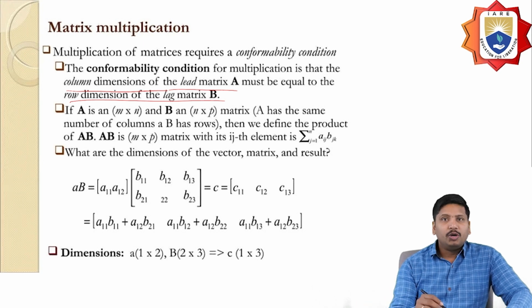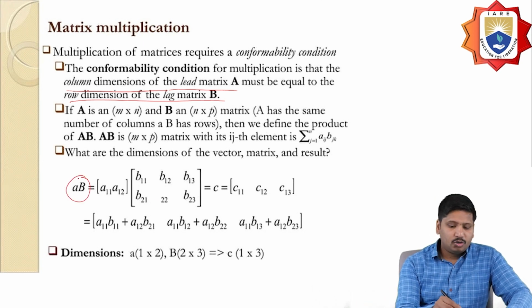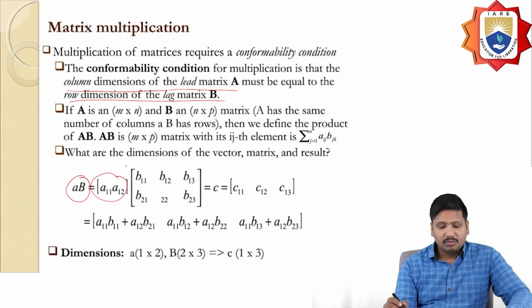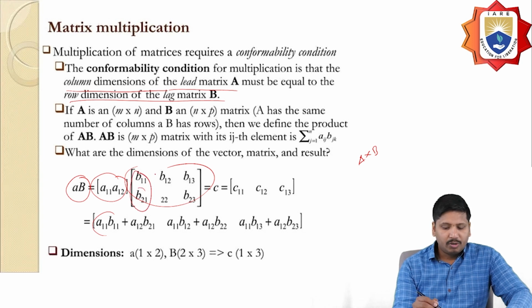Here we have an example, A into B. A has a set of values and B is the other set. If I multiply A into B, what should the value be? A11, B11 and A12, B12. This one I have to multiply, and again this one is going to multiply.